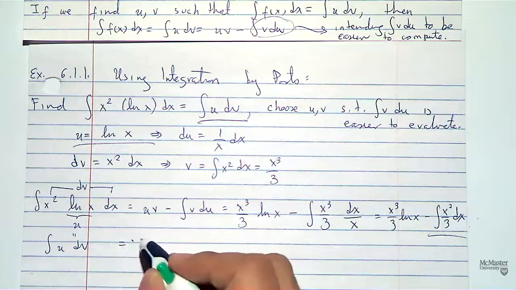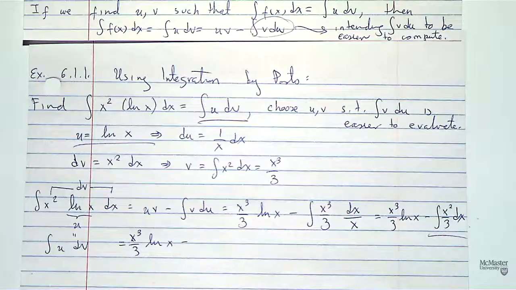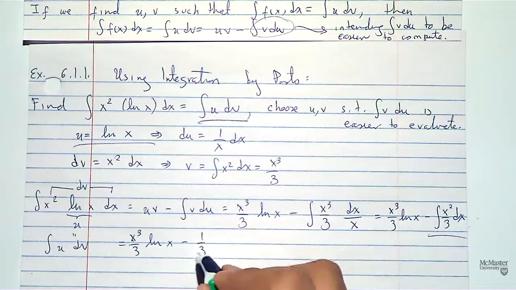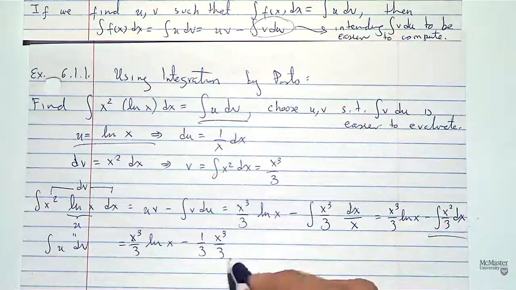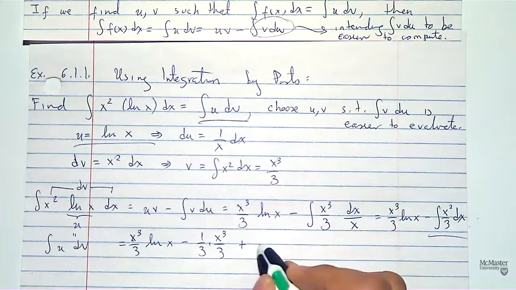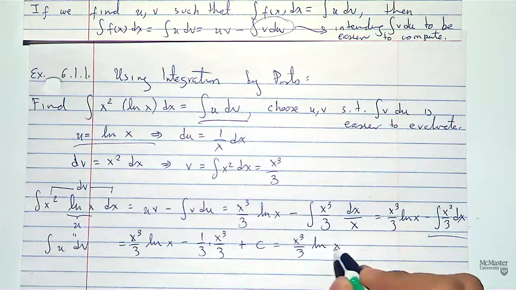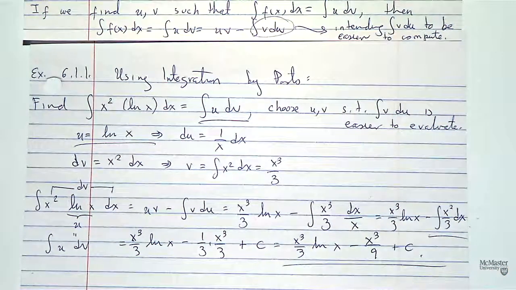So here what you would have is x cubed over 3 natural log of x minus, well, the 1/3 factor, x cubed over 3 again to account for the x squared, and then plus a constant of integration. This multiplies, so then you have x cubed over 3 natural log of x minus x cubed over 9 plus a constant of integration, okay?